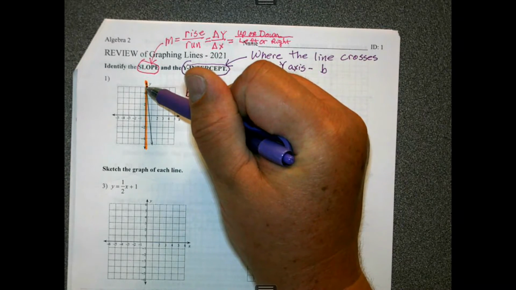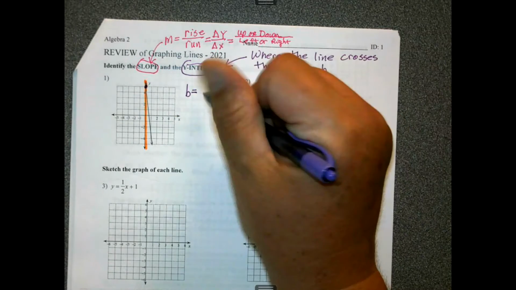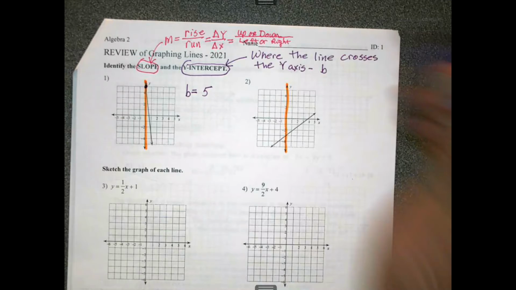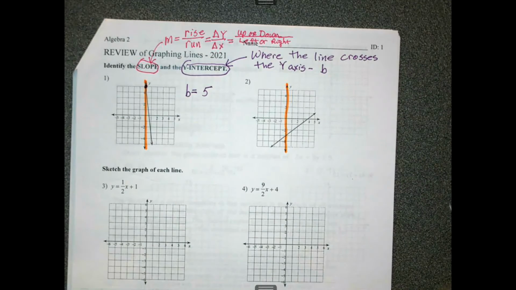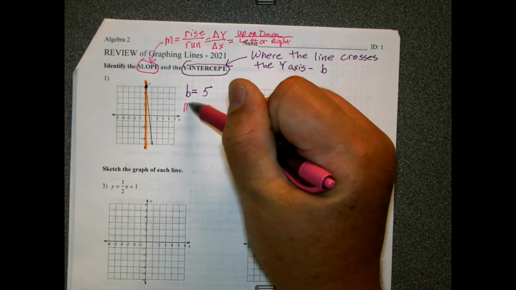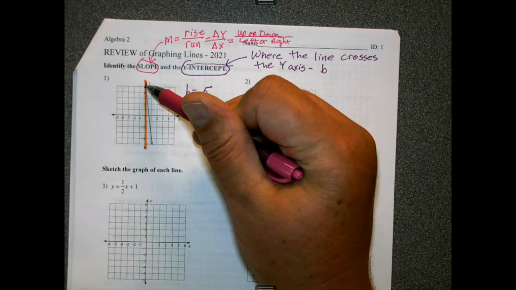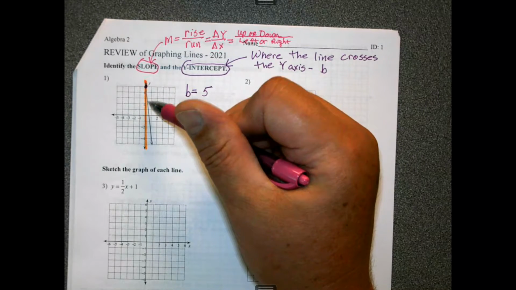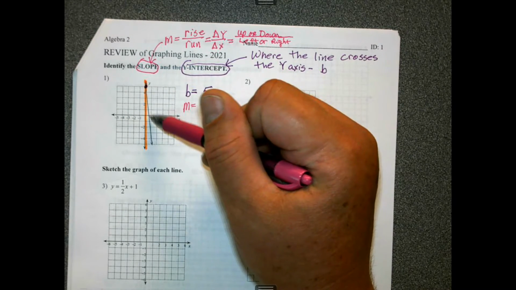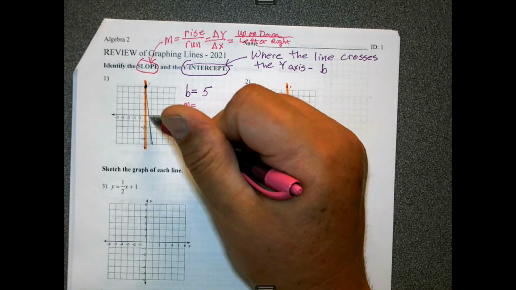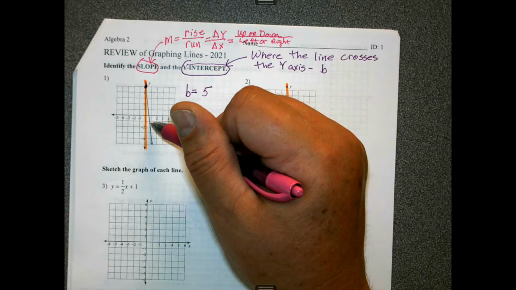It looks to be positive 5. And then my slope. Well, I'm going to pick a point that crosses my grid here, so I'm not on fractions. Fraction and a fraction, oh man, that would be a killer.